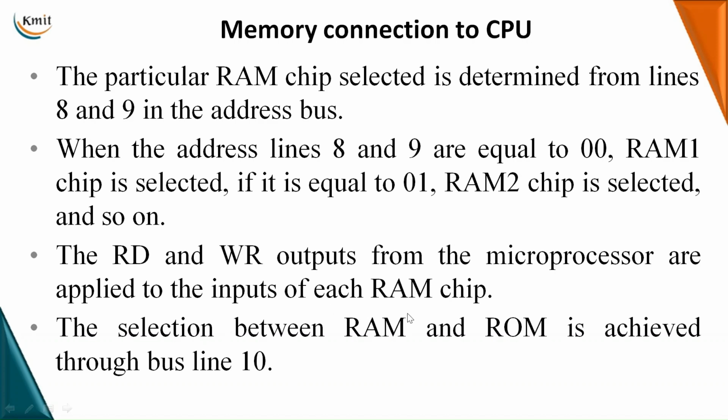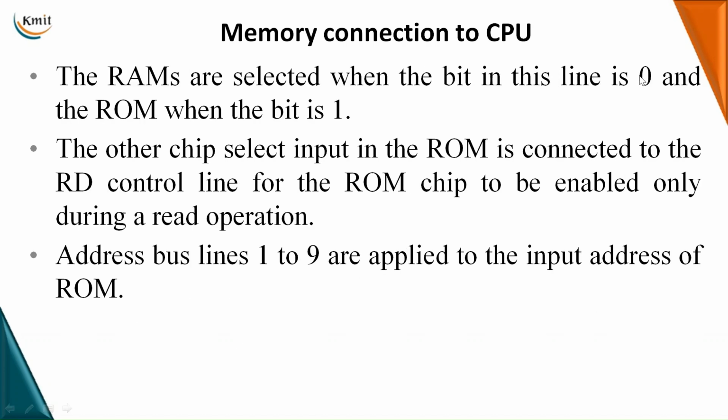The selection between a RAM or a ROM is achieved by means of the 10th bit. If the 10th bit is 0, the RAM is selected. If it is 1, the ROM is selected. Address bus lines 1 to 9 are applied as inputs to your ROM, whereas address lines 1 to 7 are applied to your ROM as well as your RAMs.